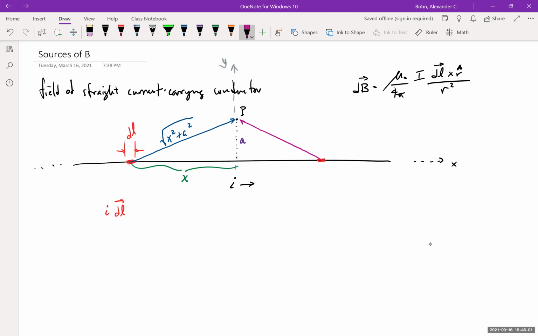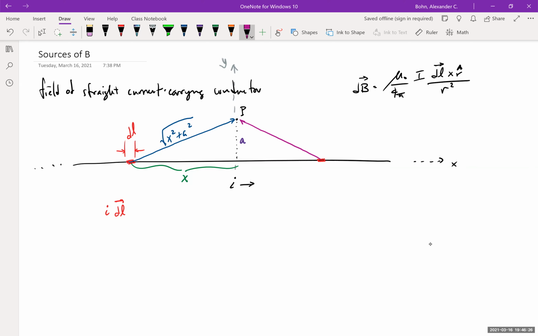So I point my hand towards the right, towards the positive x-axis. Then I do the right-hand rule for cross products, and I cross dl into the position vector, r. That's for the left-hand side, that's the blue vector. My thumb points up, off the screen at my face.